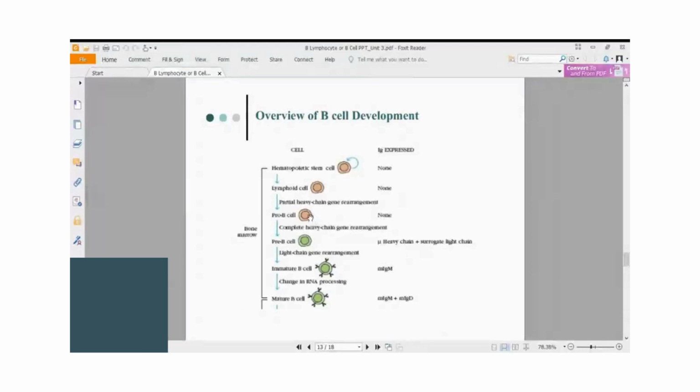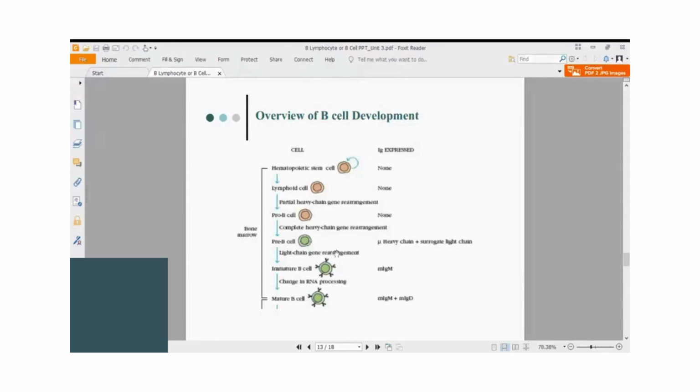It will establish contact with the stromal cell, with the VLA receptor on its surface binding the VCAM, and once it establishes the contact with the stromal cell, it will become the pre-B cell.